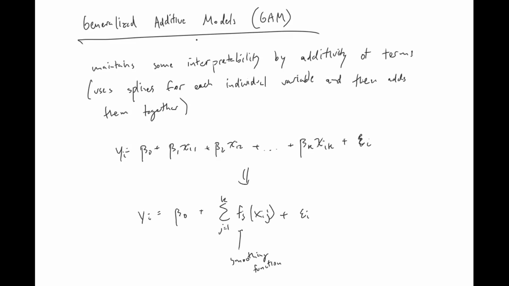But notice we have a j number of smoothing functions where j is the index for each individual variable. And I think the easiest way to interpret this is to look at an example in R.